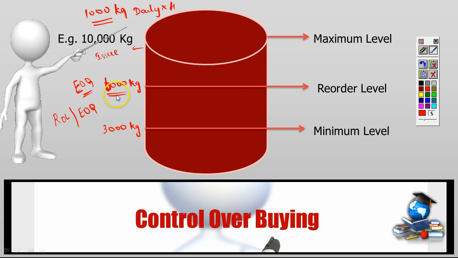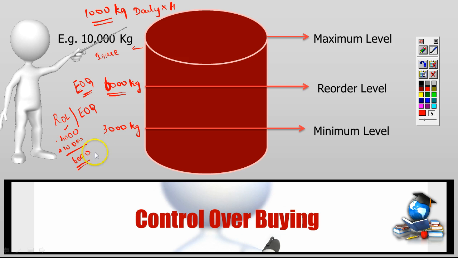Once this ROL level is reached, 4,000 is depleted from 10,000, because 4 days have been used. So it comes to 6,000. ROL level reached.